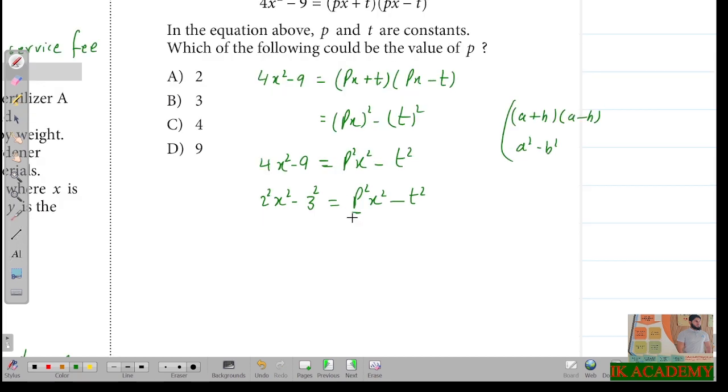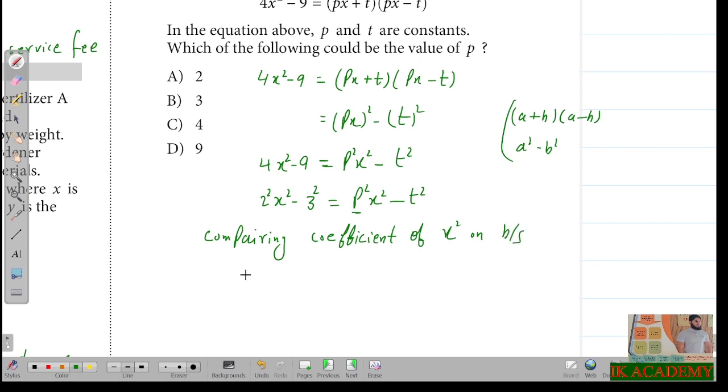So from here we can compare the coefficients of x squared on both sides.